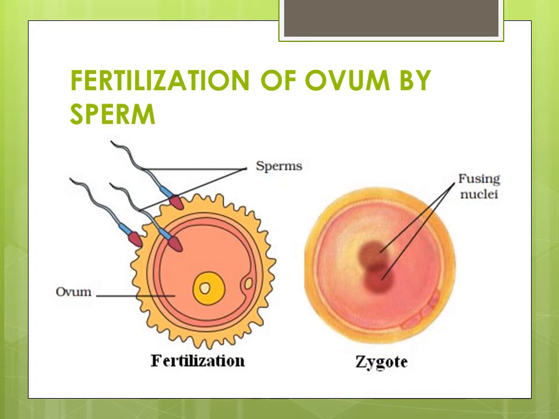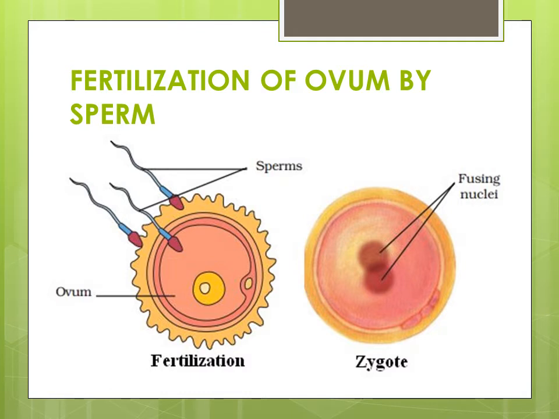In doing so, the tail is left behind and only the head part that contains the nucleus penetrates the egg. This sperm nucleus fuses with the nucleus of the egg, and that is called fertilization. As soon as one sperm enters the egg, the entry of other sperms is prevented by a chemical barrier.